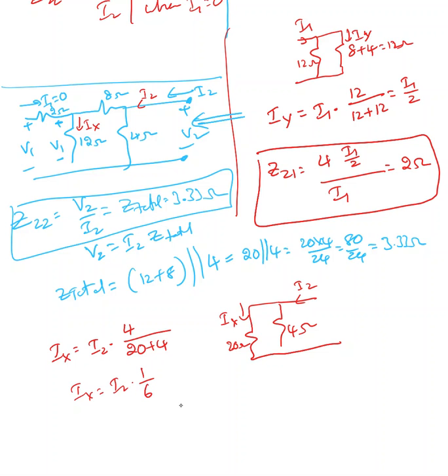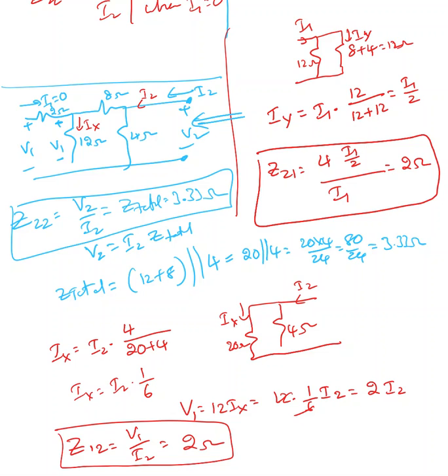and V1 equal to 12 times Ix. So if I substitute that value, 12 times 1 over 6 times I2, 6 and 12 get cancelled, that's going to be 2I2. So Z12 equal to V1 over I2, so V1 over I2 equal to 2 ohm.